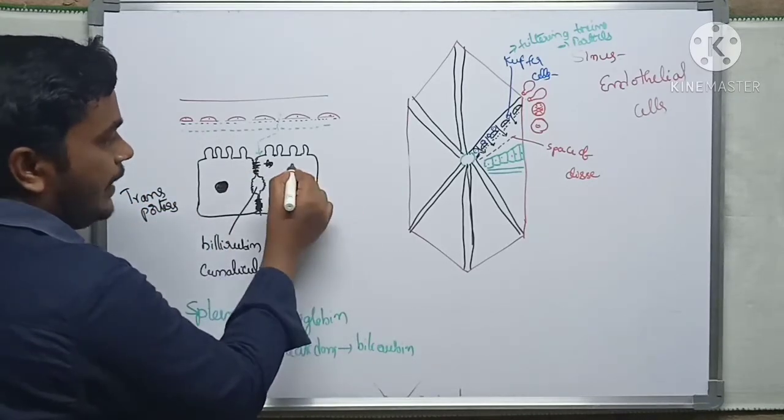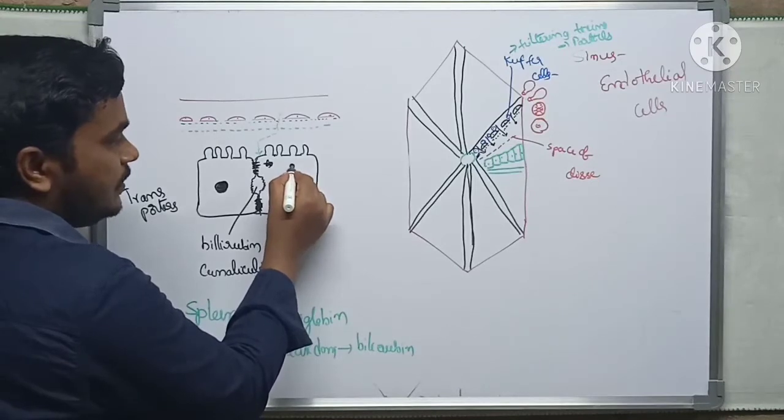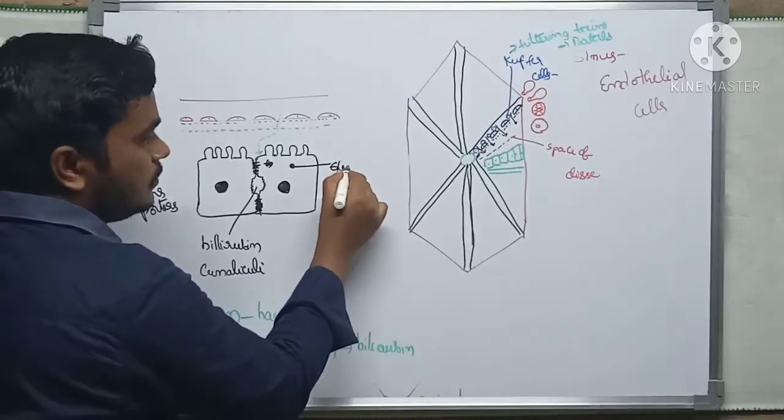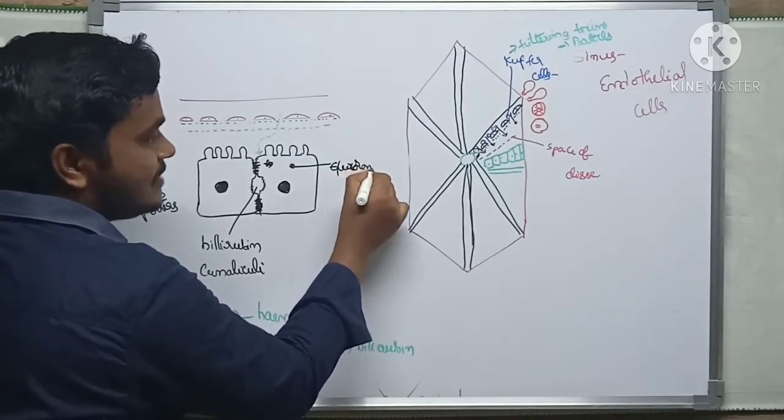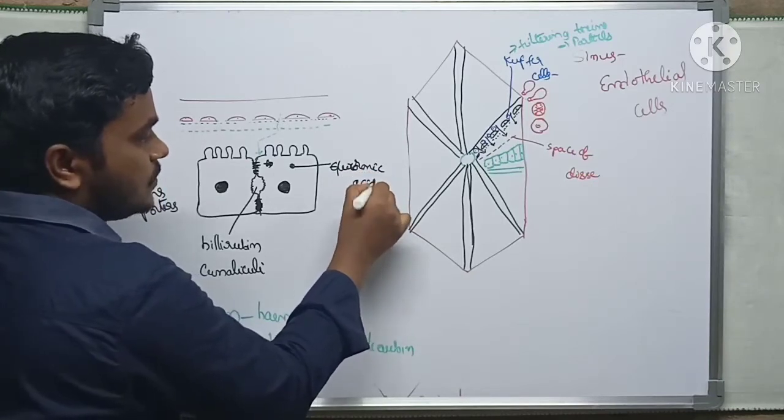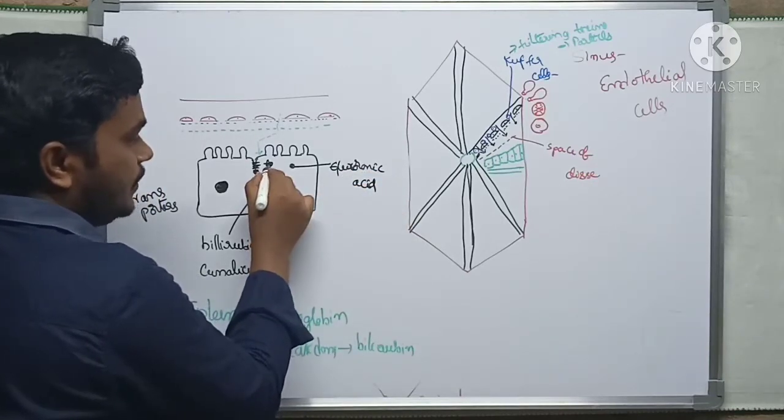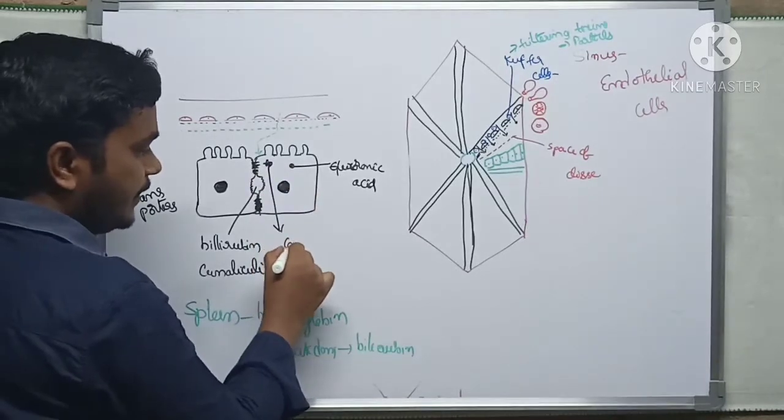This bilirubin is mixed with glucuronic acid. After glucuronic acid, the bilirubin is called conjugated bilirubin.